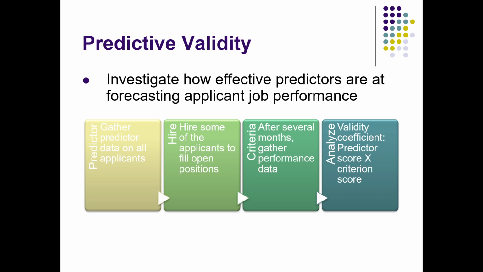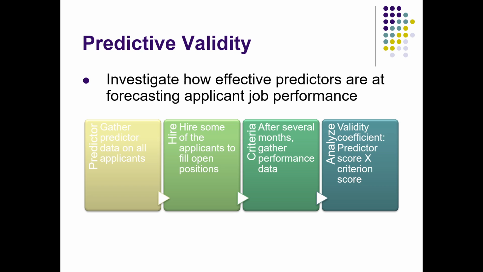And that's going to produce what's called a validity coefficient. So we're going to be able to find out how well that predictor score is associated or related to the actual criterion score. What we would like to find is that there's a strong correlation between the predictor score and the criterion score, right? We want to see that that predictor is actually predicting.